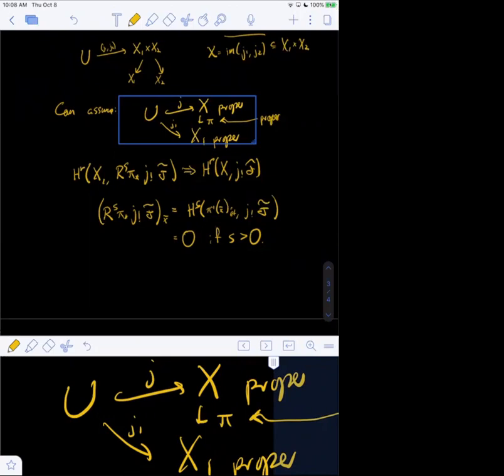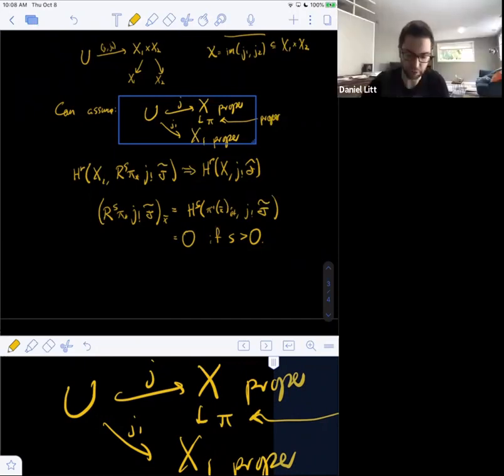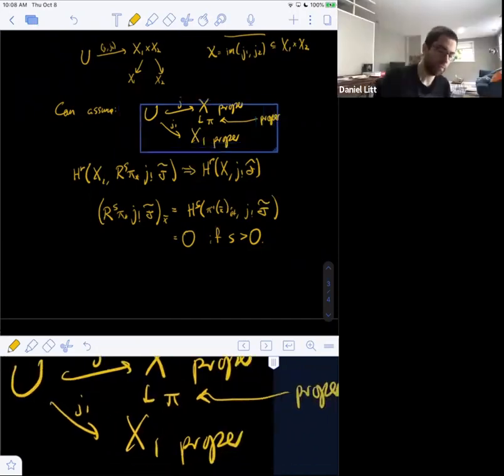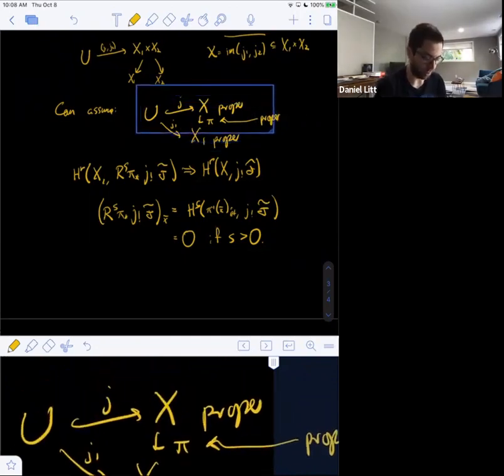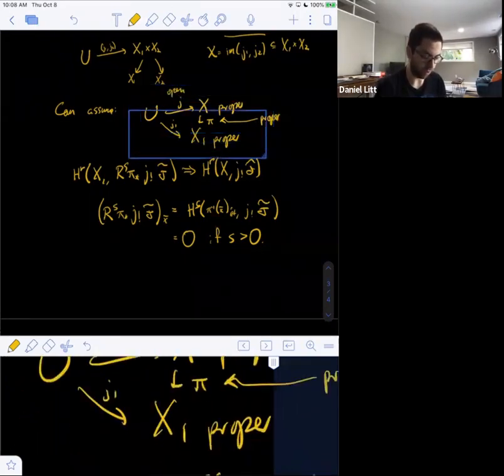Oh, I see, that's why you said it's just a point if it's in the image. Yeah, right, thanks. So this uses that these are open embeddings.